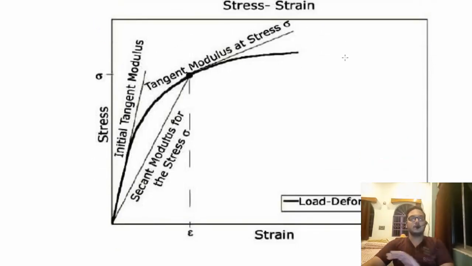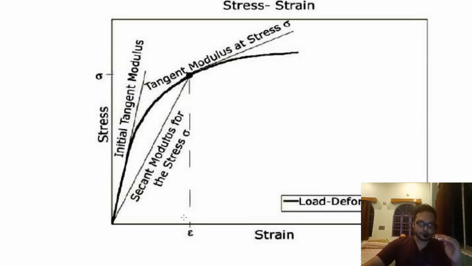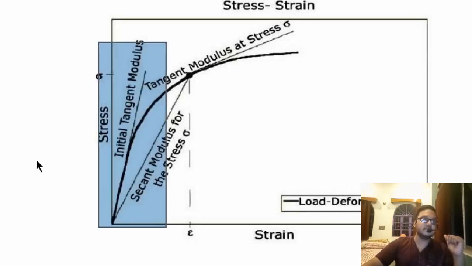So this is the stress strain diagram where we show the three different types of modulus of elasticity. This one is the initial tangent modulus, drawn at the initial stage of the stress strain graph.